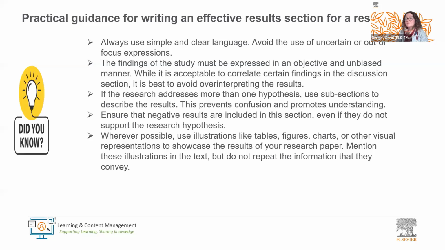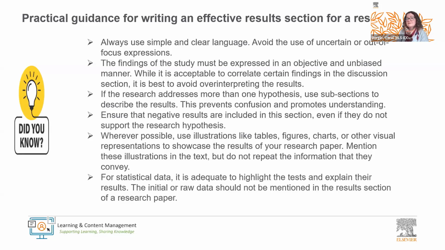And then it's important to mention these illustrations in the text, but do not repeat the information that they're covering. And finally, for statistical data, it's adequate to highlight the tests and explain their results. The initial or raw data should not be mentioned in the results section of a research paper.